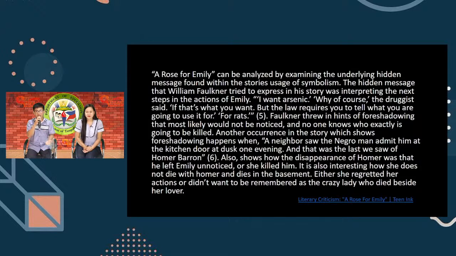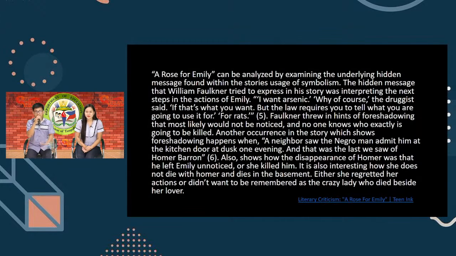"I want arsenic." "Why, of course," the druggist said, "if that's what you want, but the law requires you to tell what you are going to use it for." "For rats." Faulkner threw in hints of foreshadowing that most likely would not be noticed, and no one knows who exactly is going to be killed.